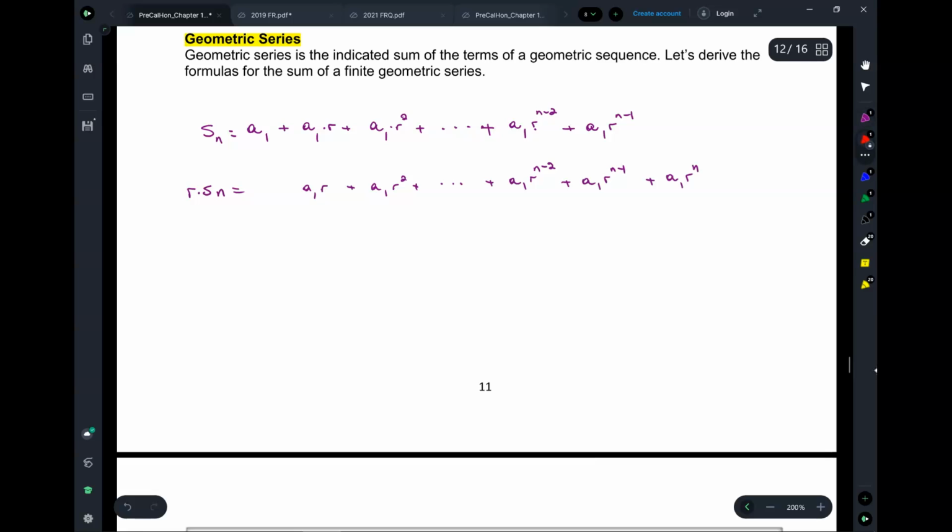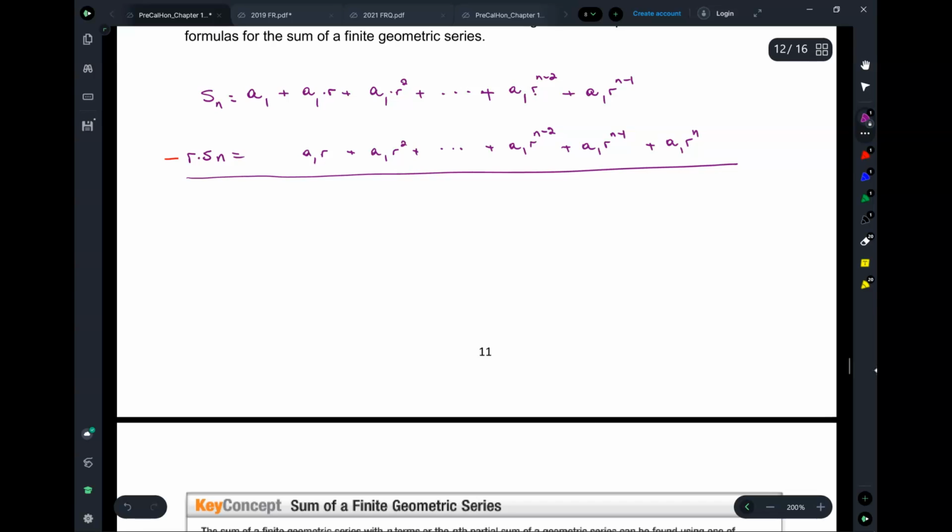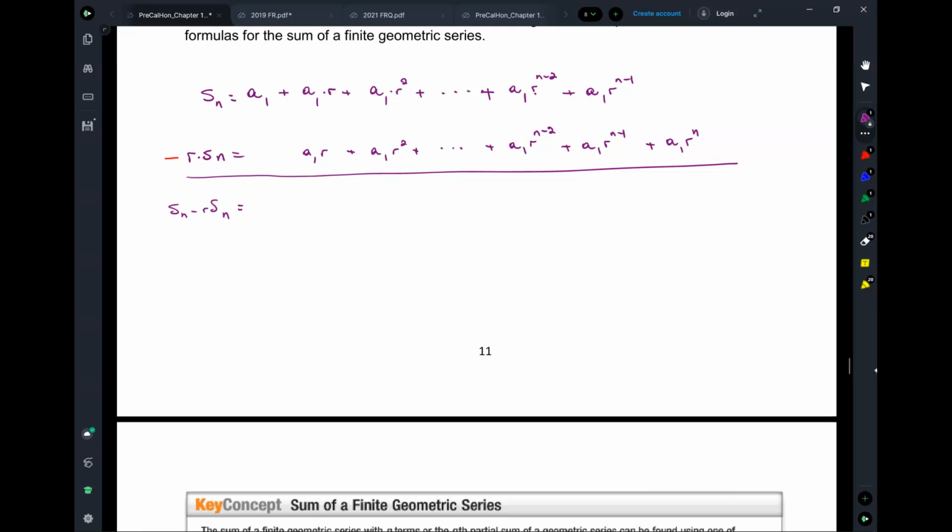Now we have the first one, but we're going to subtract this one. So when you subtract this, you get Sn minus R Sn. Okay, let's subtract. What do I get? A1 from here. When I subtract this, what do I get? 0. This gives you 0.